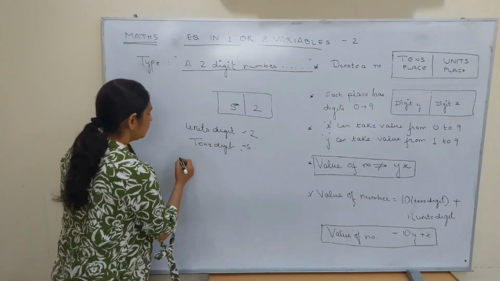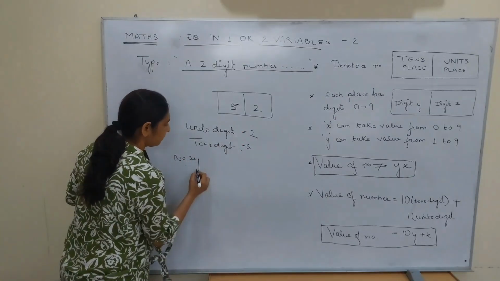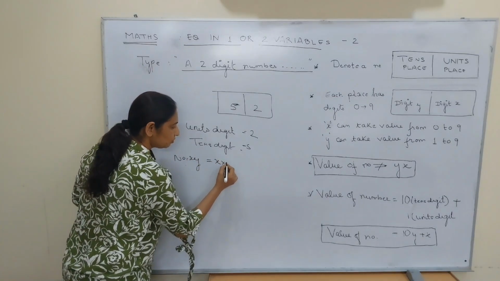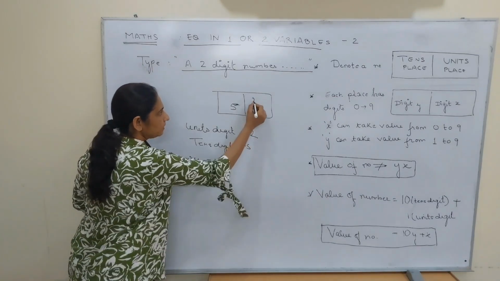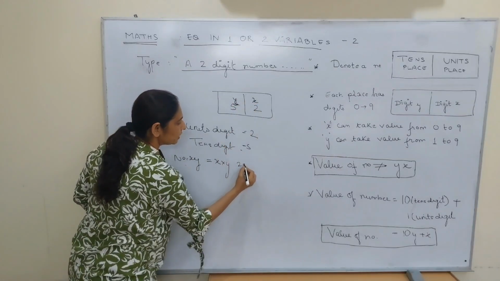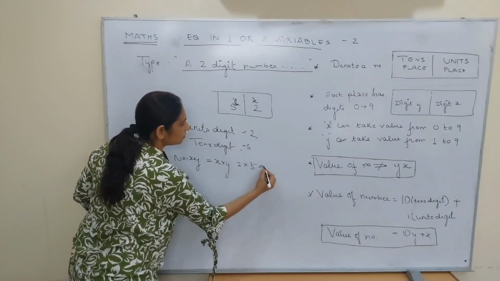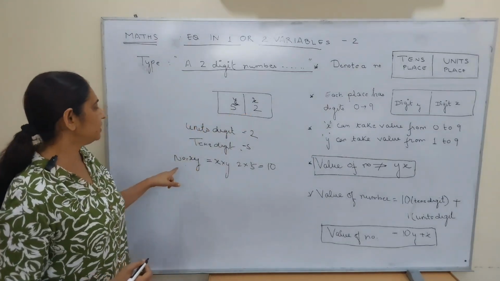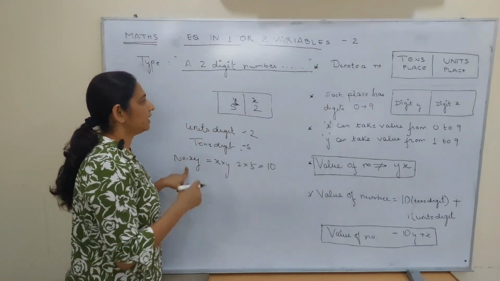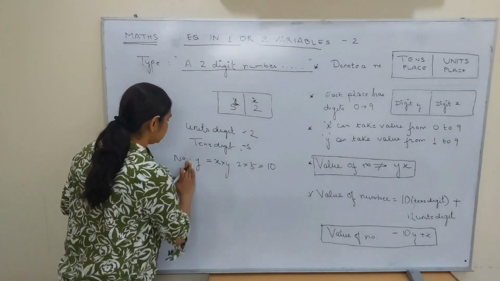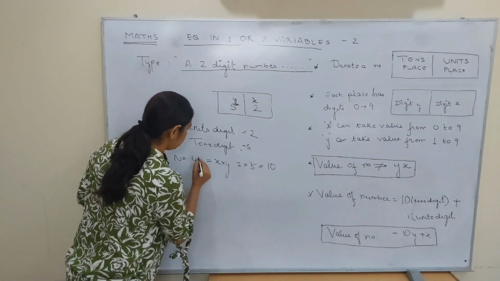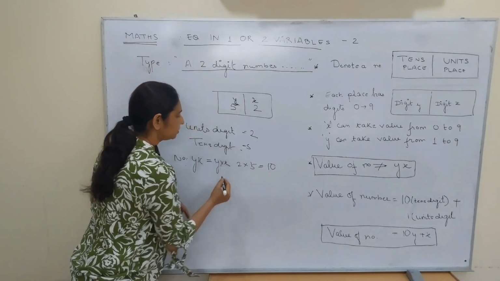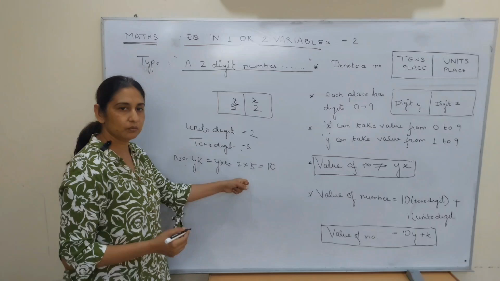Can I say the number is xy? Xy would mean x into y, which would mean 2 into 5, which would mean that the number is 10. Here, just understand carefully. If we write that the number is xy or yx, that would mean it's y into x, which means 2 into 5, which is 10.